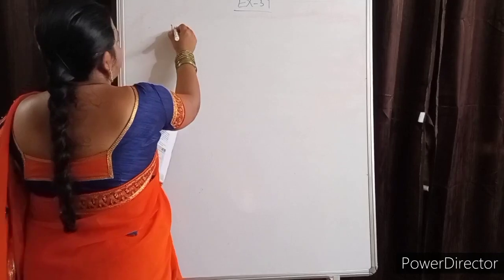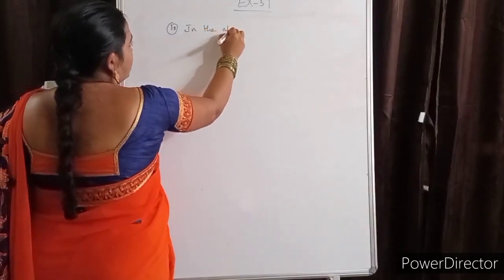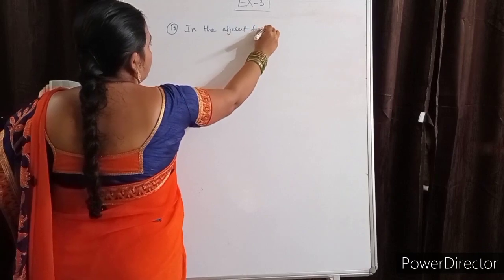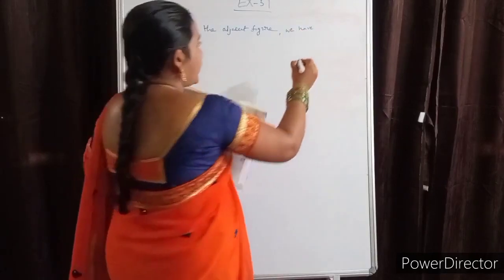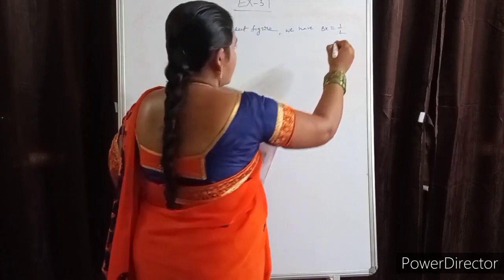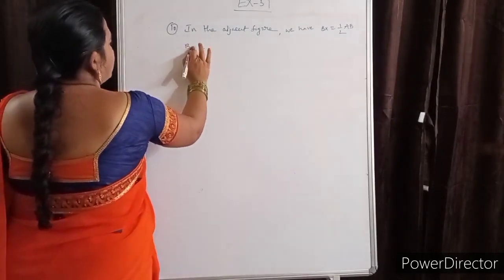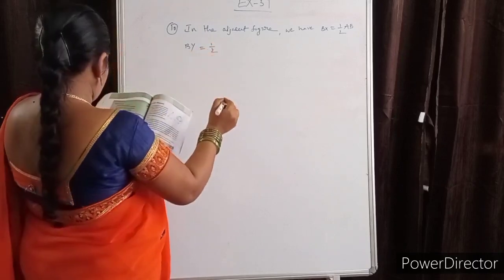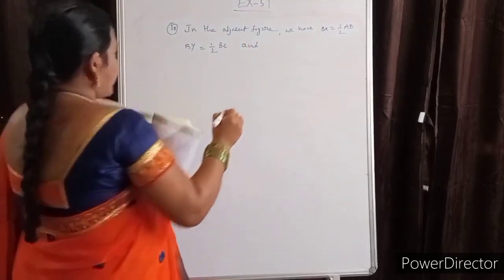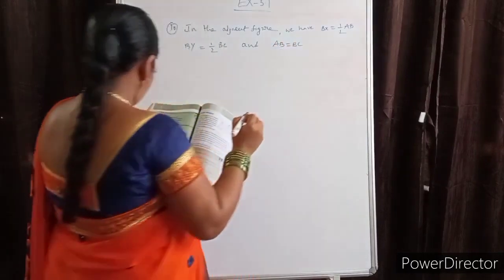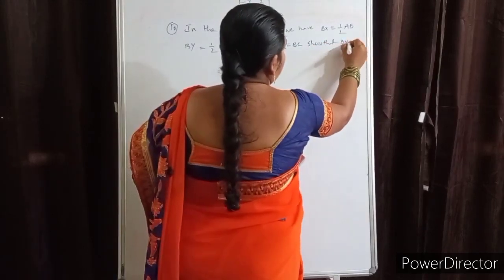Next question. Last question. In the adjacent figure, we have BX equal to half of AB, BY equal to half of BC, and AB is equal to BC, so that BX is equal to BY.